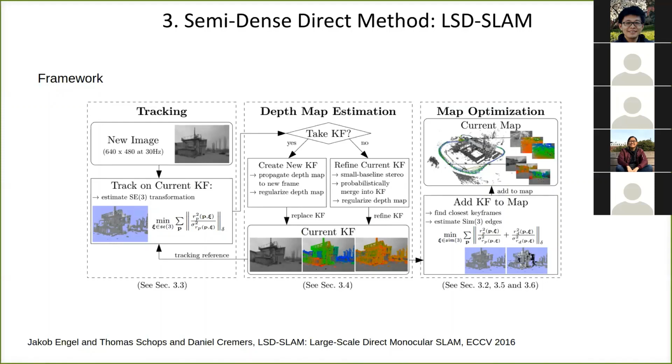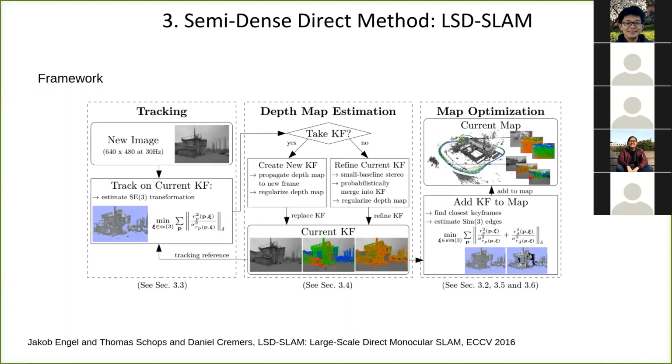So one difference between LSD-SLAM and DTAM we previously discussed is that LSD-SLAM is not using every pixel in these images. They just extract some of the pixels which have very high gradient, and then use these pixels to do the camera pose estimation and the depth estimation.